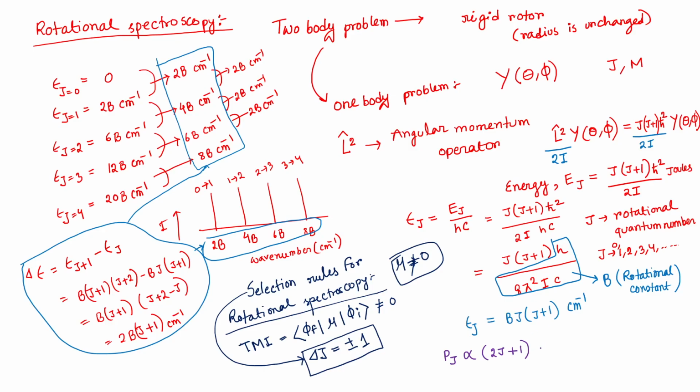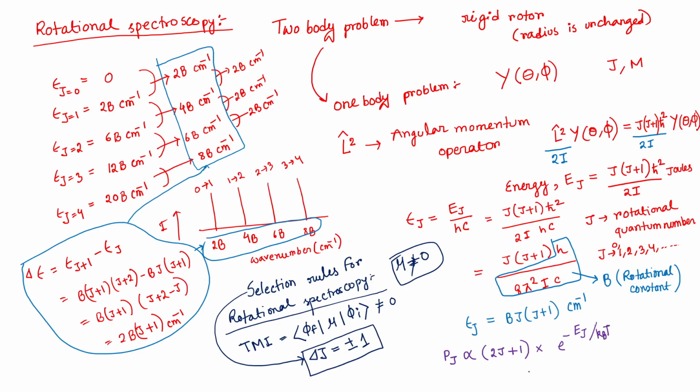So that is the degeneracy, and the population also varies with the Boltzmann distribution, which is e to the power minus Ej divided by kBT, Boltzmann constant into temperature.